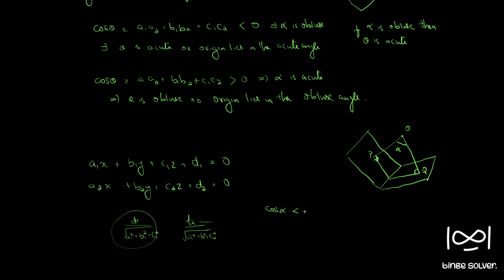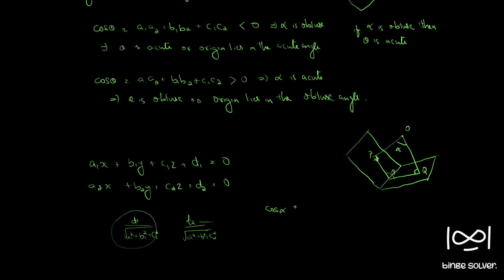If you assume this angle is theta and theta is obtuse, then alpha is acute, and then cos alpha will be greater than 0. In our figure, obviously this angle theta is an obtuse angle, and this alpha is an acute angle.